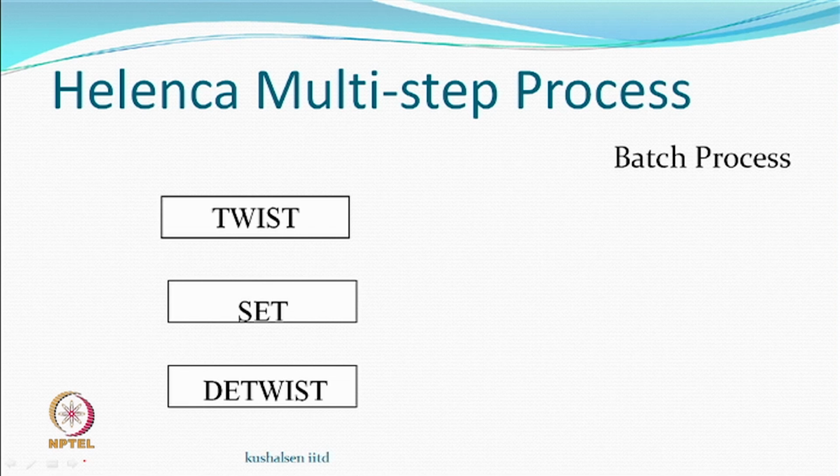It is called multi-step because there are many steps involved, like there is a process to be done called twisting. So, you have to twist. That is one. You remember which other process was also using twist? Last time we were talking about the historical perspective.